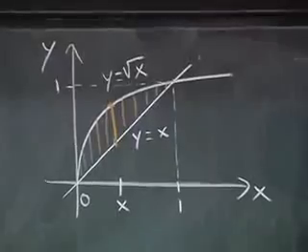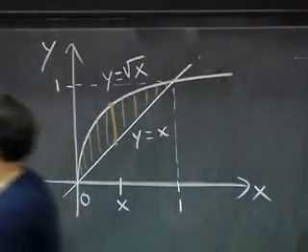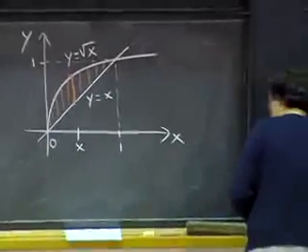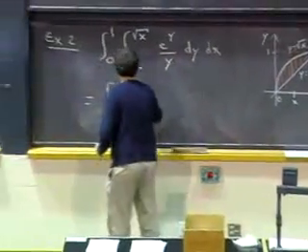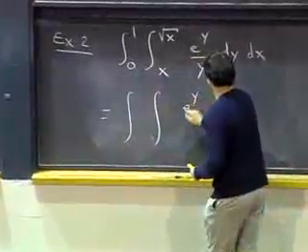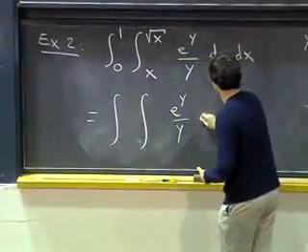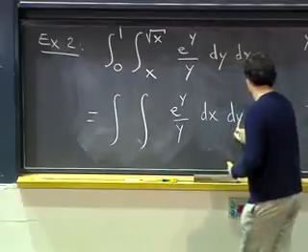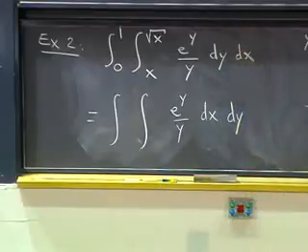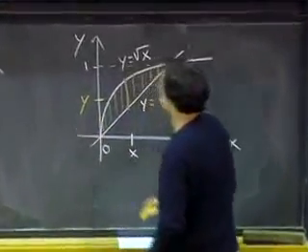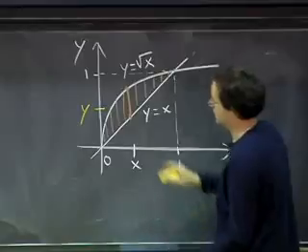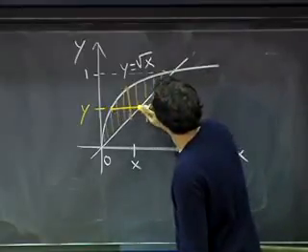Now, if I want to do it the other way around, I have to decompose my region. My goal now is to rewrite this as an integral. It's still the same function, e to the y over y, but now I want to integrate dx dy. So how do I integrate over x? I fix a value of y, and for that value of y, what's the range for x? The range for x is from here to here.